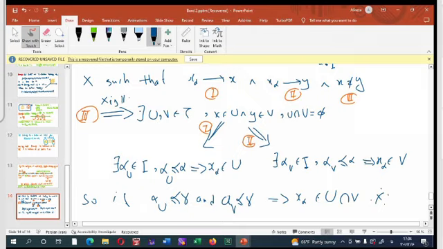So if x is not equal to y, we have a contradiction. If x_alpha converges to x and also converges to y, x must be equal to y.